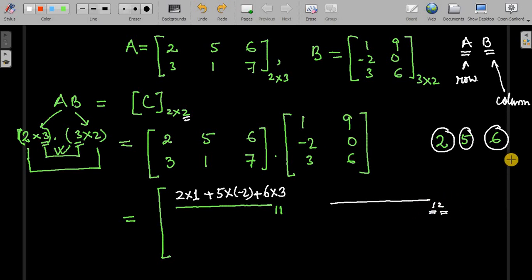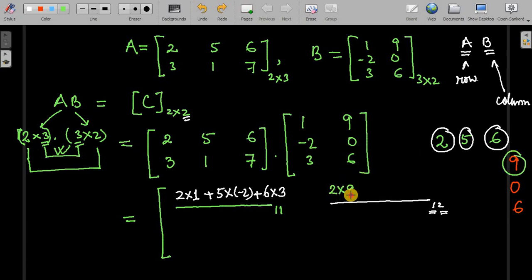So let us write the second column here, which is 9, 0 and 6, and similarly we can multiply the corresponding elements of the row and column to evaluate the value of the element. The first element of the first row is 2 and the first element of the second column is 9.